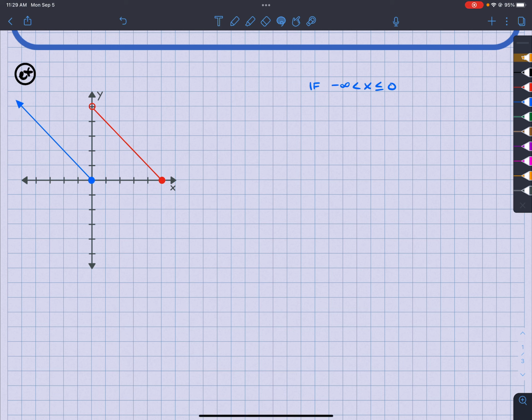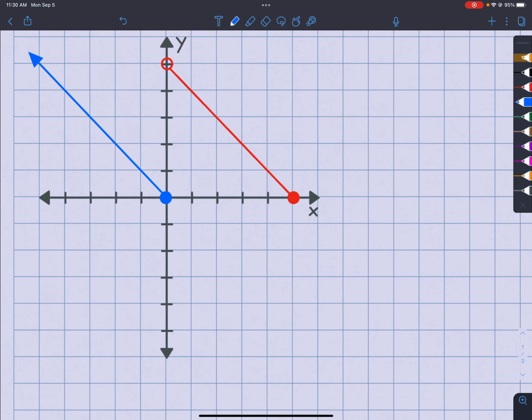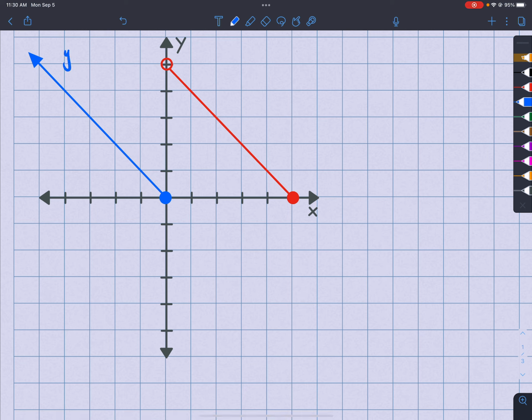All right. So now let's look at the equation of this line. To write an equation of a line, we need a point and we need a slope. In fact, better yet, with this one, we have a y-intercept. So for the blue line, we know that the y-intercept, b, is equal to 0. Awesome. So let's look at the slope. The slope is rise over run.